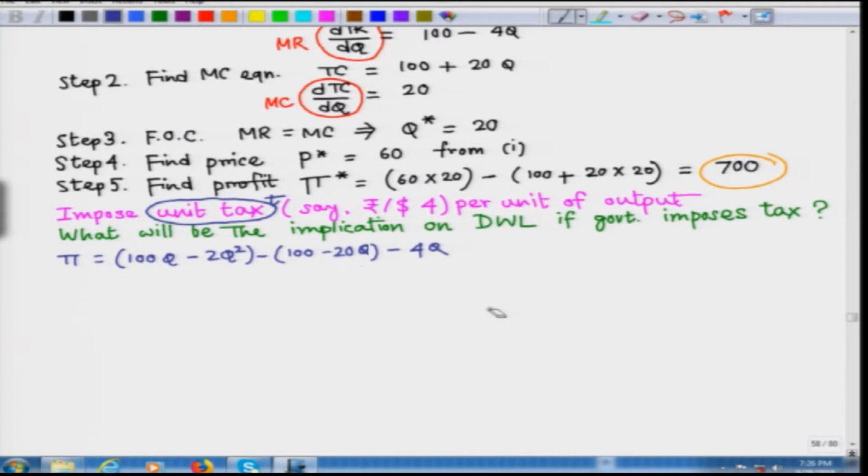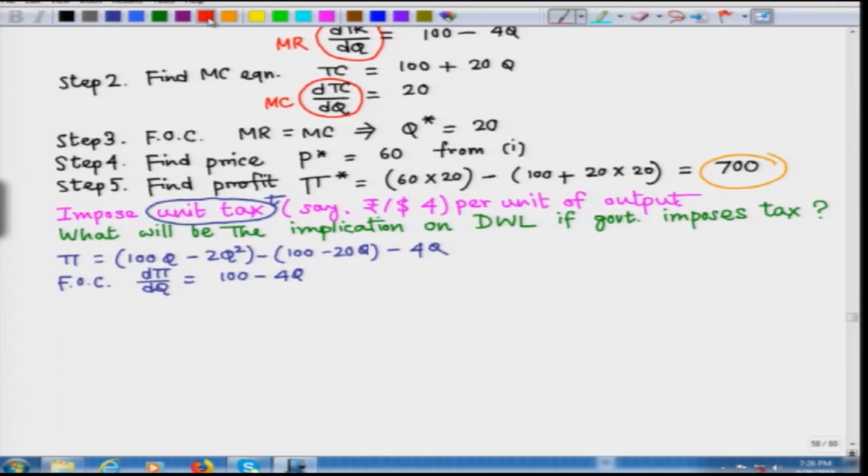So, if we now look at the first order condition for monopolist's profit maximization problem, we get what? We get d pi dq equal to 100 minus 4q, right. So, that is basically the marginal revenue part, right.